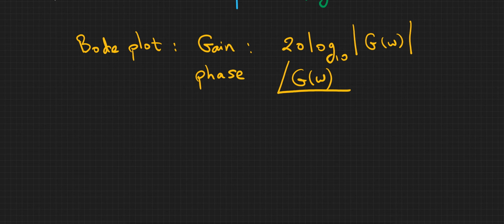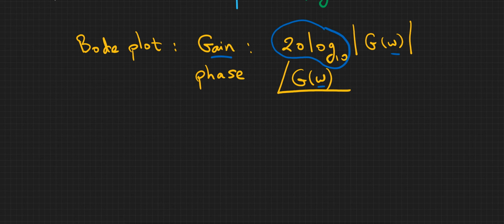So plotting the gain and phase on a dB scale, the gain particularly on the dB scale, and also the frequency axis on a log scale, this is what you call the Bode plot. So it's just a frequency response basically, there's nothing new here. But in this lecture we will also see why representing it in the log domain is pretty useful.